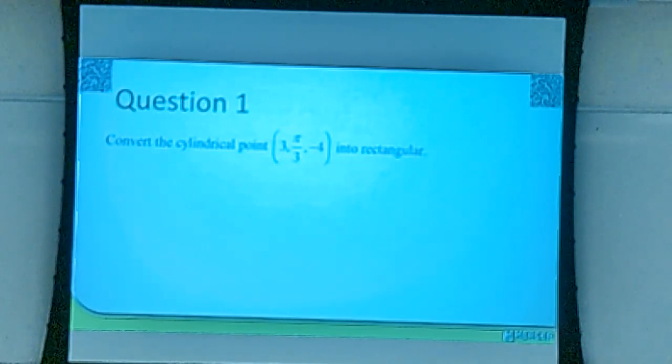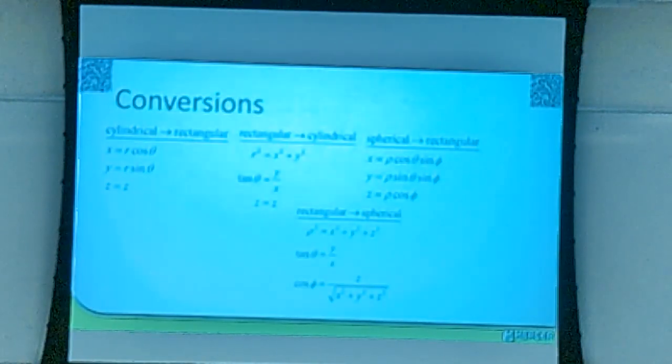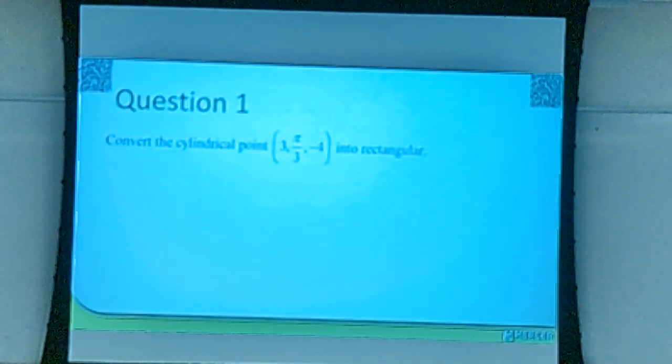First, they want to go cylindrical to rectangular. So here we go, there's our list, cylindrical to rectangular. X equals r cosine theta, and remember, the ordered triple is r, theta, z.